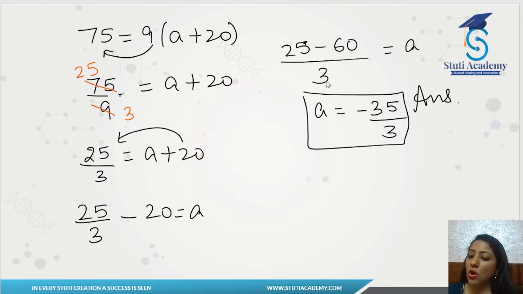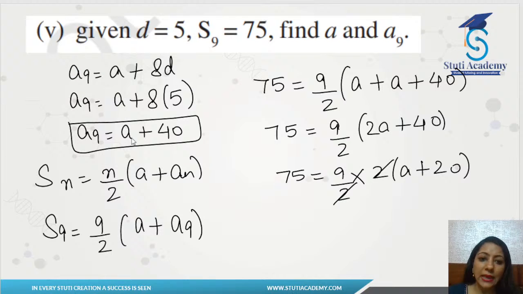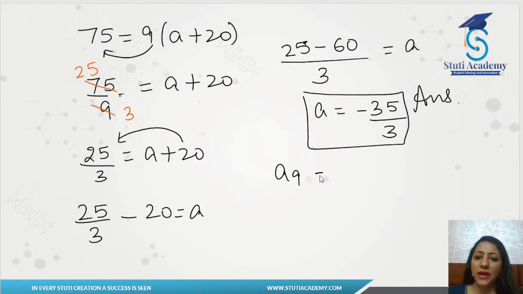Now we also have to solve for A9. Now coming to A9, we were already knowing, we had formed an equation for it. A plus 40. So now we know A is minus 35 upon 3 plus 40 we have to write. So let's solve this. We'll get this as 120 here.